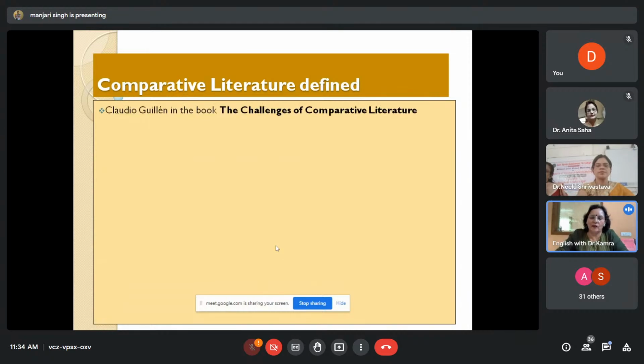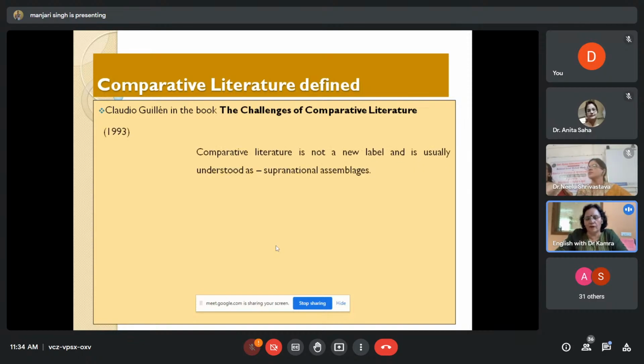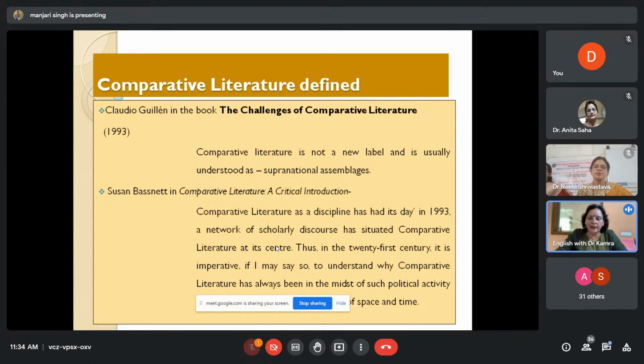Comparative literature defined. So Claudio Guillén, in the book The Challenges of Comparative Literature, which appeared in 1993, says that comparative literature is not a new label. That is, there has been a lot of researching by comparing two texts. But the term, the coinage, the fixation of this title to this kind of research came much later.